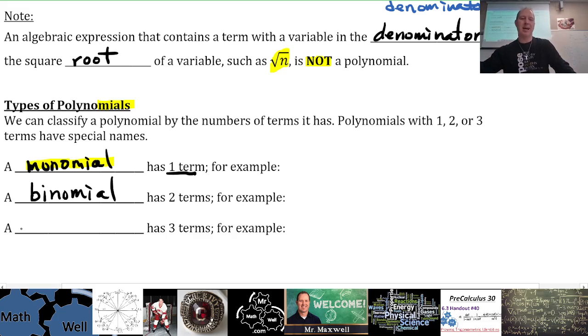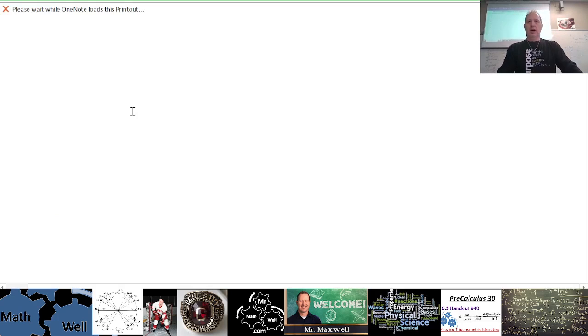Trinomial. That's exactly right. Excellent. So we do want to remember these prefixes, and they all have omial at the end. So monomial, binomial, and trinomial. Like the tricycle or a triangle, 3. Awesome.